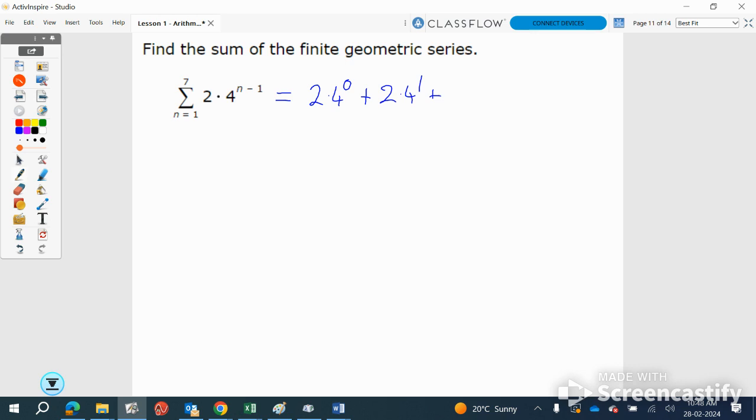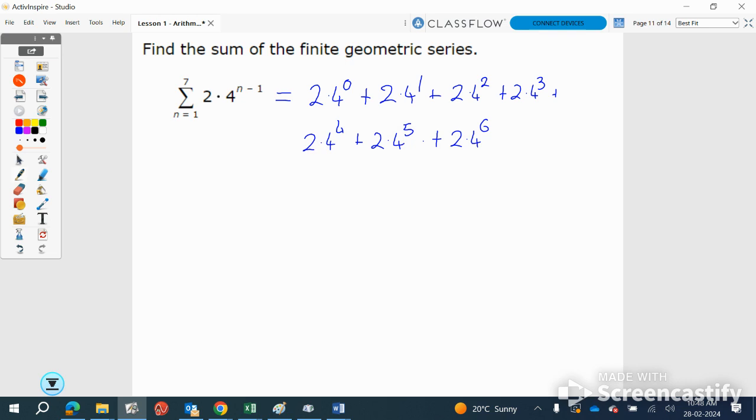Then n becomes 3, and we get 2 times 4 to the 2. And then n keeps going up until, when n becomes 7, we get 2 times 4 to the 6.